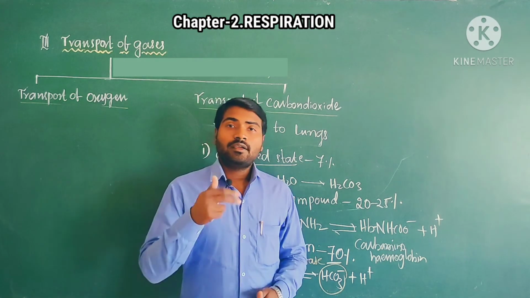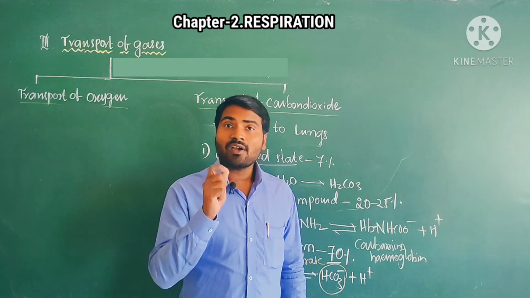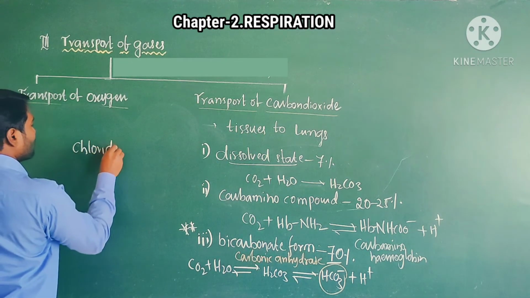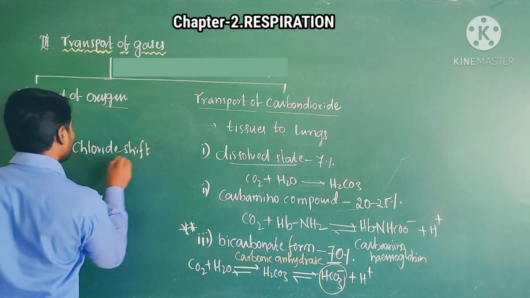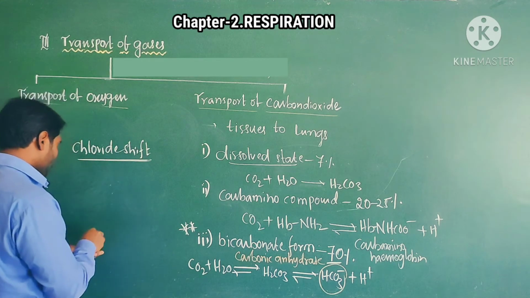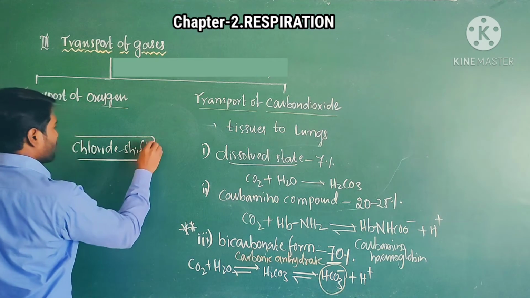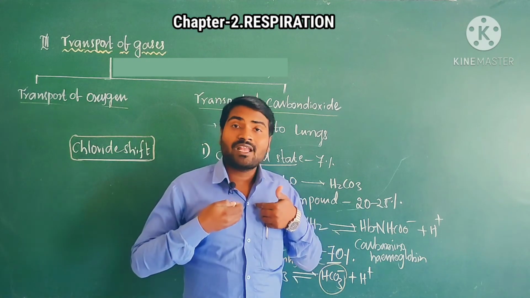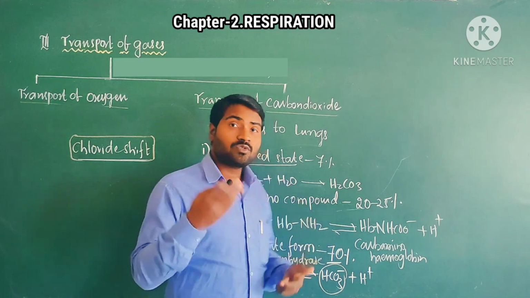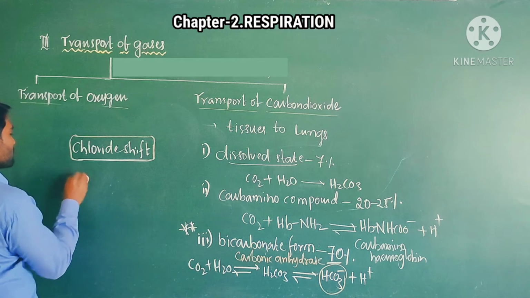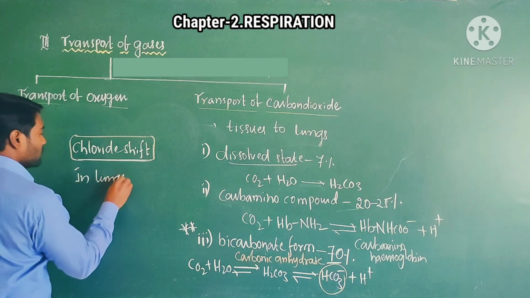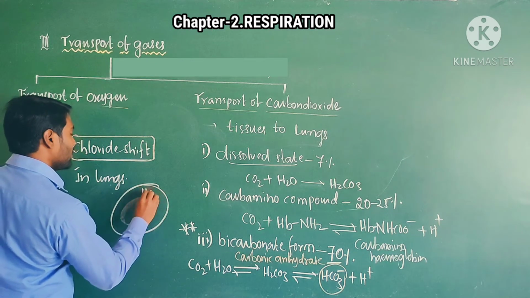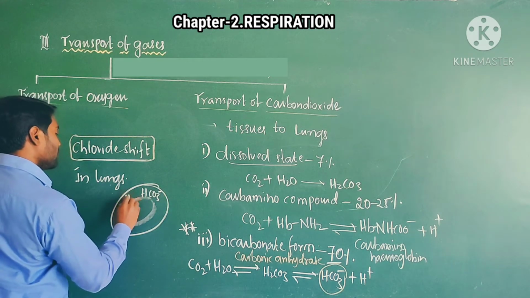Here also there is one important word, that is chloride shift. What is meant by chloride shift? When this bicarbonate reaches the lungs, what happens? For example, this is an RBC. Here it contains bicarbonate HCO3 minus and H plus.